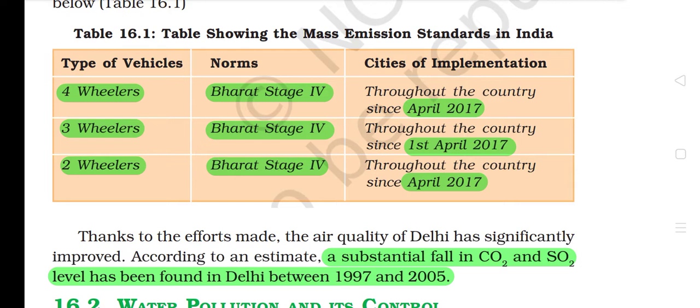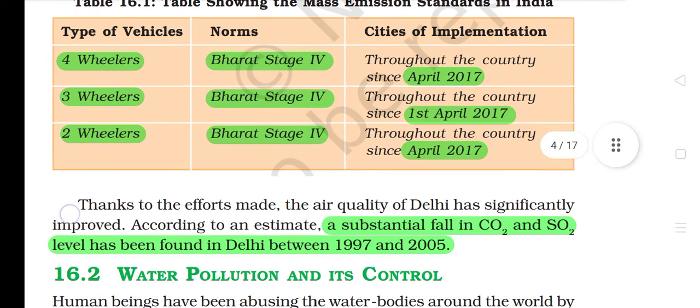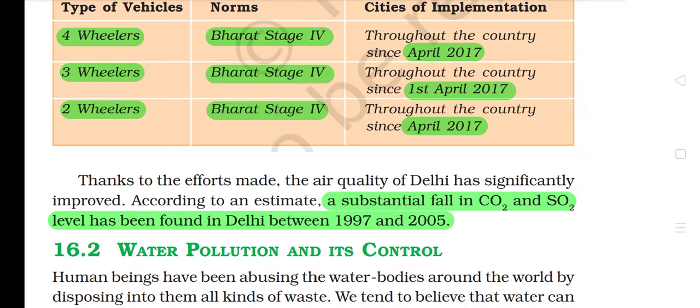Three-wheelers, norms Bharat Stage 4, throughout the country since 1st April 2017. Two-wheelers, norms Bharat Stage 4, throughout the country since April 2017.